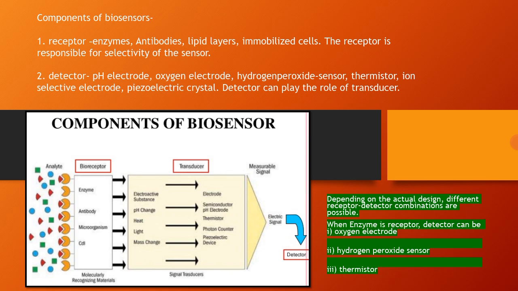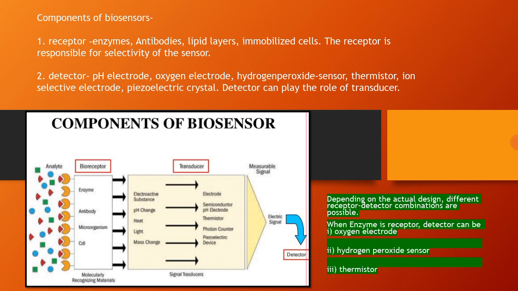You can see in that arrow, they have mentioned the signal transducer. So the signal will be transduced to the detector, and once it reaches the detector, it will detect and measure that signal. One important point to be noted here is that the biosensors are analytical devices, so we can measure the quantity.